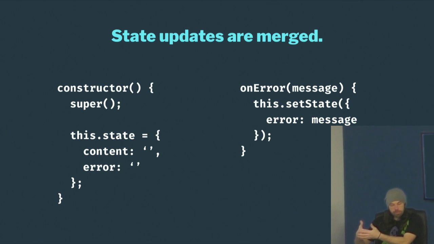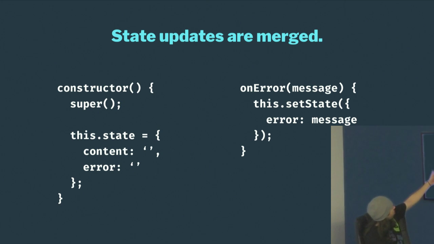Okay? And what you'll notice here is that even though my state has content and error in it, I didn't pass content into it here, and it did not overwrite it. That's important: state updates are merged. I don't pass it an entire new state every time. I pass it just the pieces that I want it to change, and it's smart enough to go through that new object and only replace the pieces that it needs to.